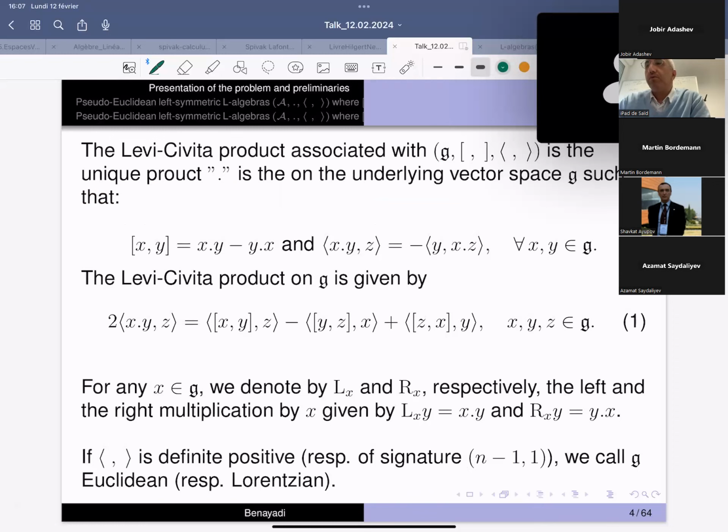Now I can recall some things in this subject. The Levi-Civita product associated with this Lie algebra and this scalar product, which is not, in general, a definite bilinear form, is a unique product.